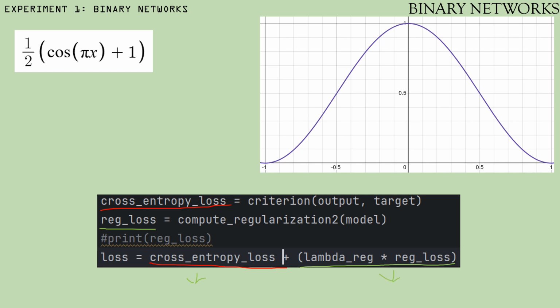And how do we make our loss low? Making our weights closer to -1 or 1. That's how I ensure binariness. It's kind of close to reinforcement learning, but reinforcement learning actually tries to maximize the reward, so it's kind of different.